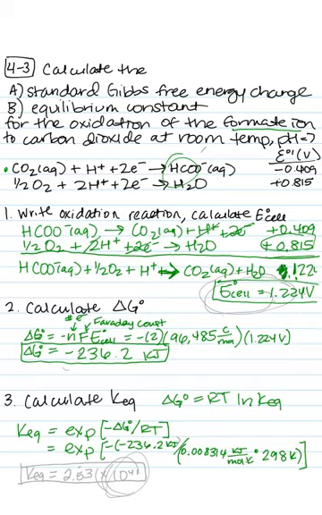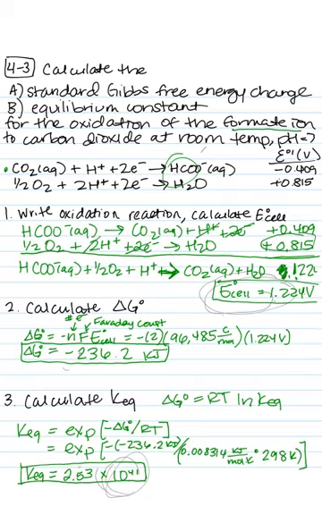So let's see, I suppose I needed brackets here. All right. And so when you compute this one, you should get that the equilibrium constant is equal to 2.53 times 10 to the 41. Okay, so what that means is that there are way more products than reactants.